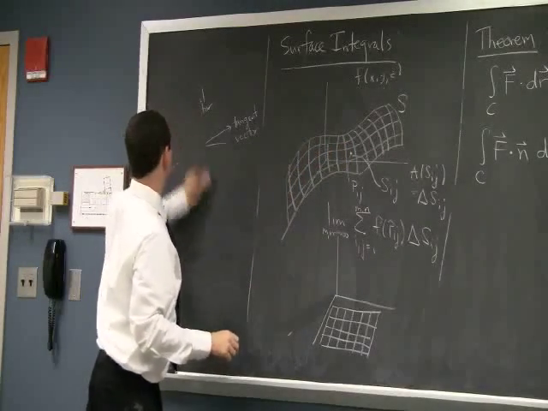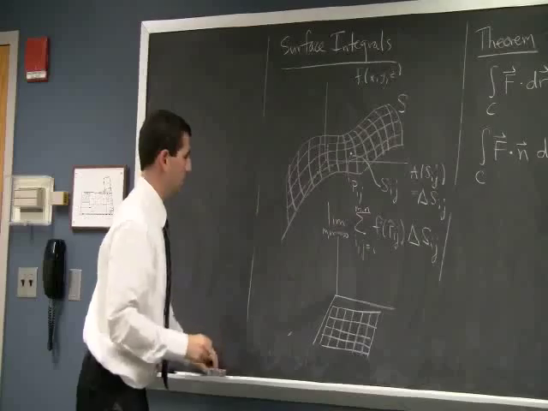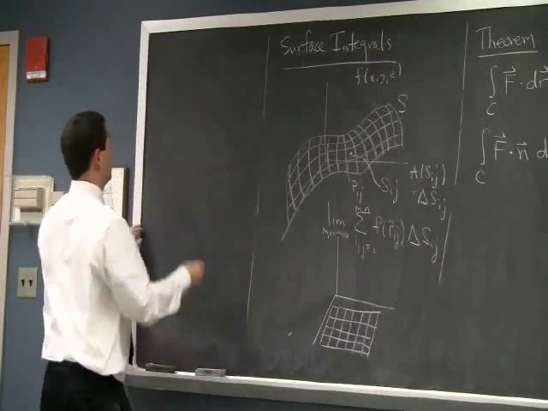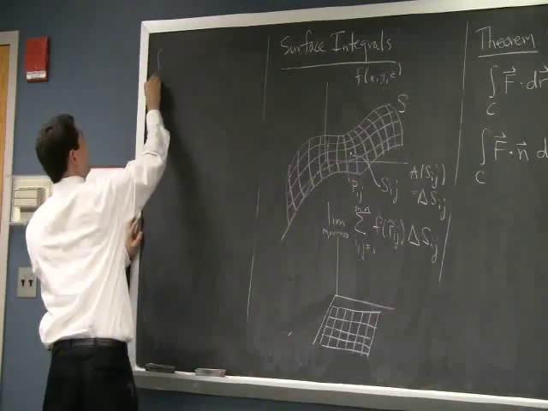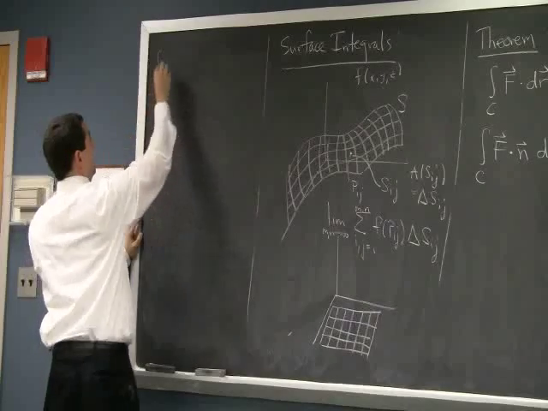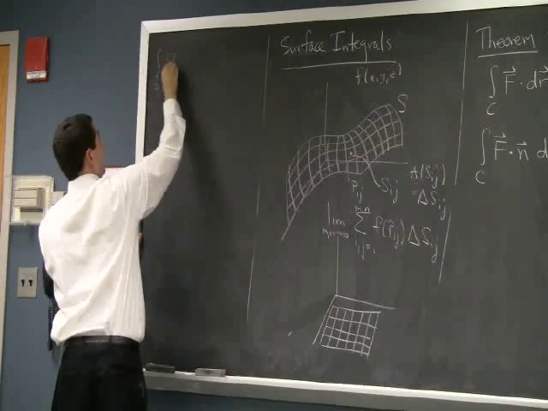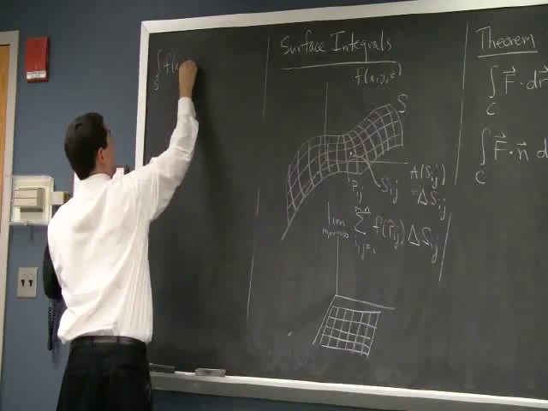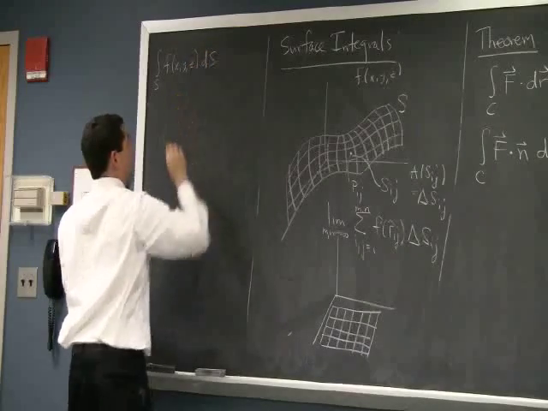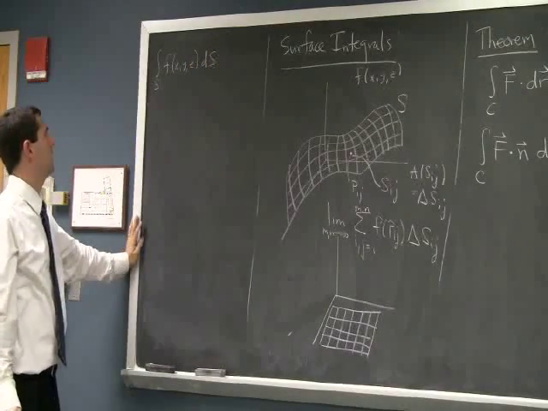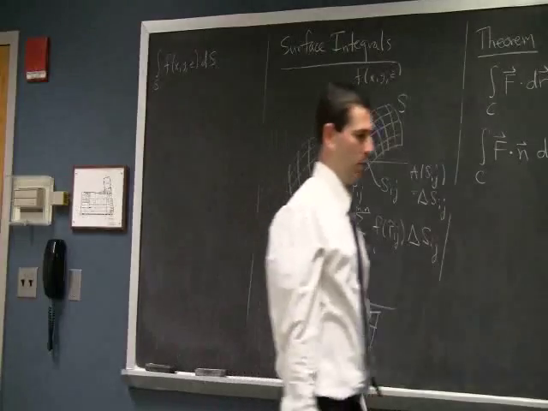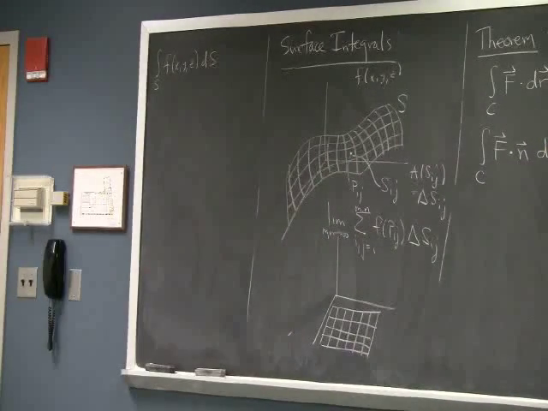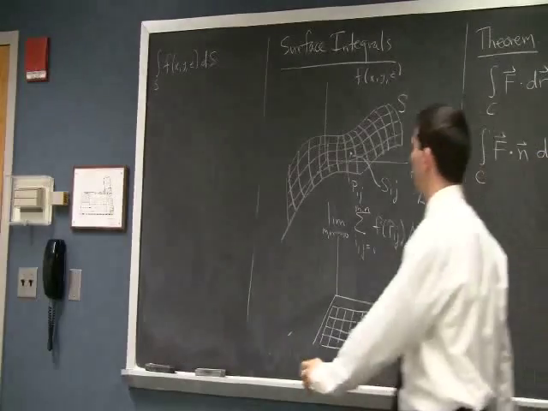So what have we got? Well, we've got ourselves an integral. We define the surface integral, the integral over S of f of x, y, z. Maybe I shouldn't use S for both, even though I think I did in my notes. Oh well, it's not so bad.